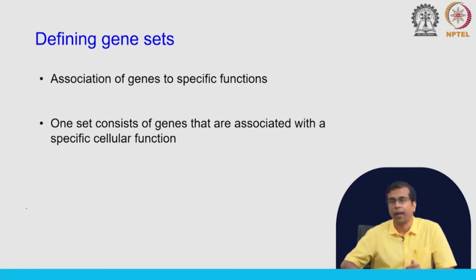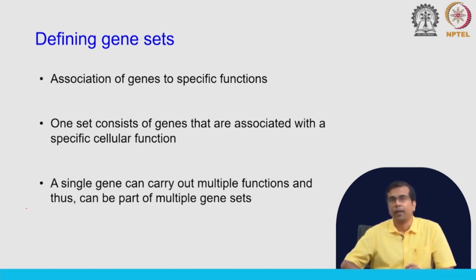Let us say we have glycolysis genes that are involved in glycolysis, you have ATP synthesis genes, you have TCA cycle genes and so on. So, you have these gene sets that are associated with specific cellular functions. The other point that you should keep in mind is that a single gene can carry out multiple functions. Genes are pleiotropic, they often have multiple functions and thus they can be part of multiple gene sets.